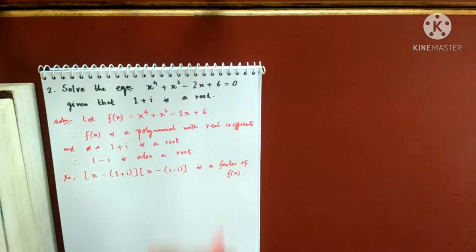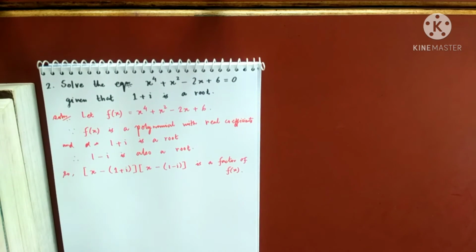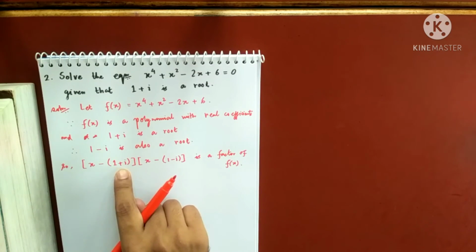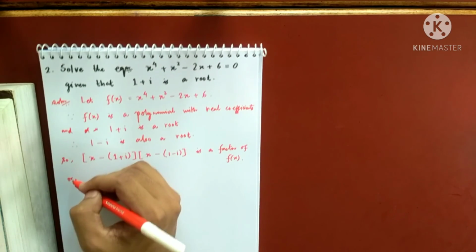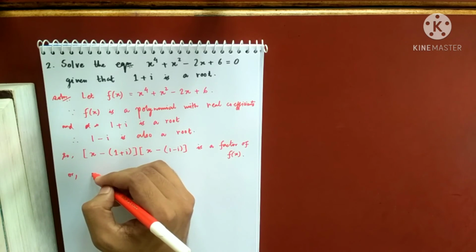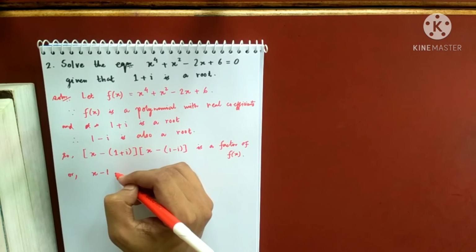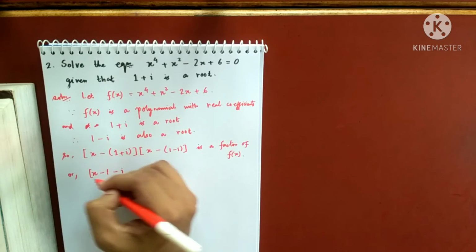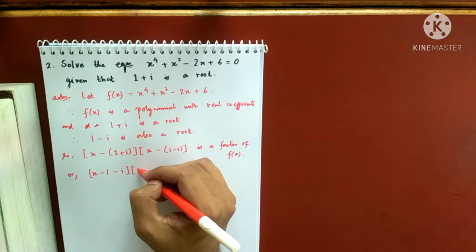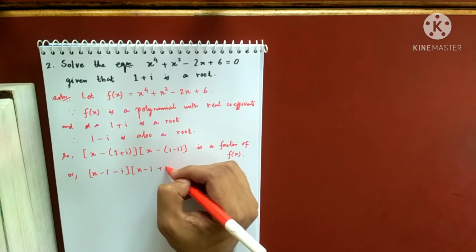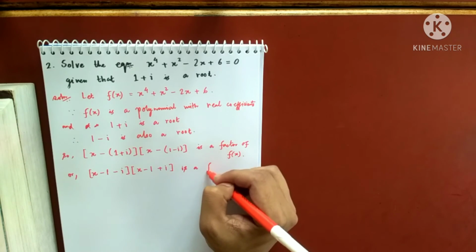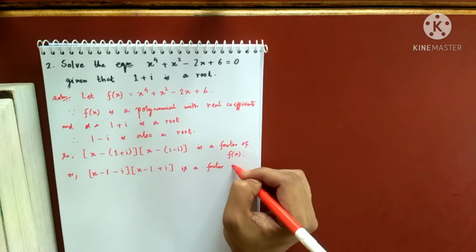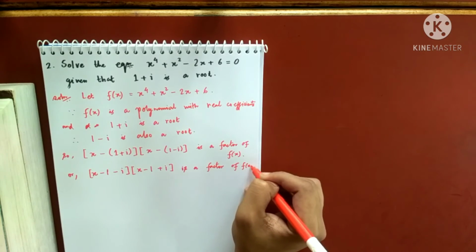I can say this because this is a root and this is a root, so x minus that root and x minus this root will be factors of f(x). Just simplify this: x minus 1 minus i times x minus 1 plus i is a factor of f(x).